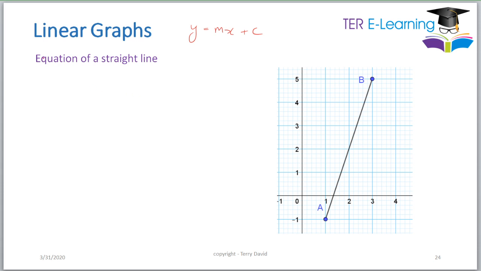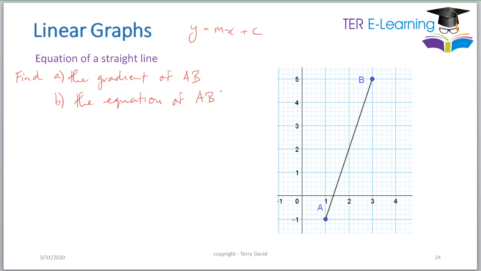So the question will be, we'll do it in two parts. Find A, the gradient of AB, and the next thing is find the equation of AB, right?